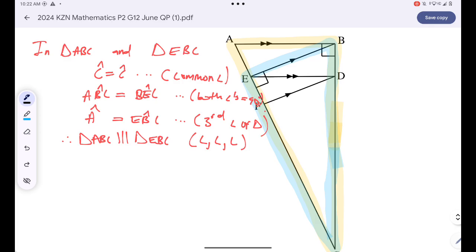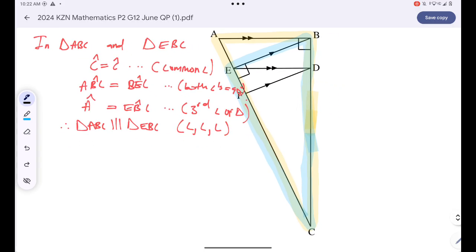What are corresponding sides? Corresponding sides, guys, are the sides that subtend equal angles. Let's go to triangle ABC. Triangle ABC is the yellow triangle. Let's check which side is subtending angle C. Angle C is subtended by side AB, and then angle ABC is subtended by AC.